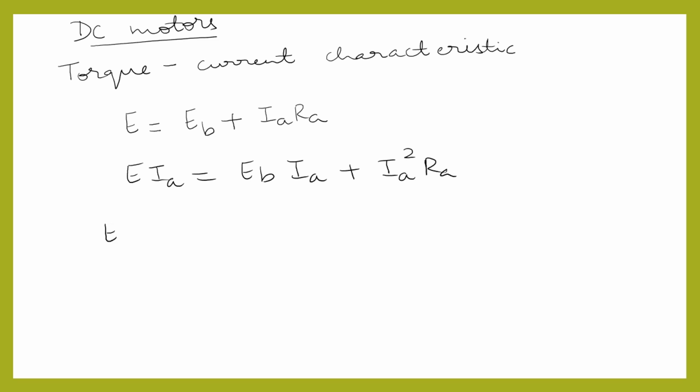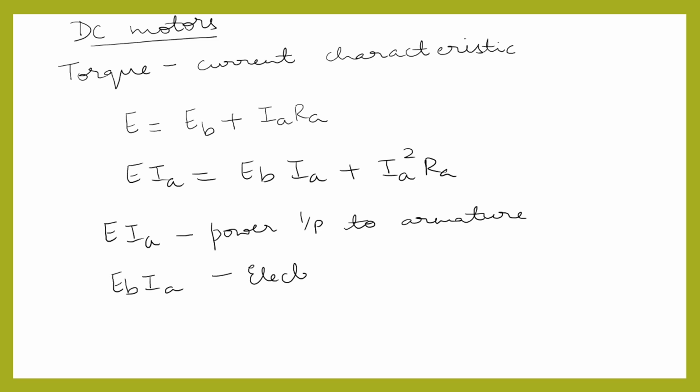The term EIa here is the power input to the armature. And EbIa therefore gives the electrical power converted into mechanical power at the motor shaft.